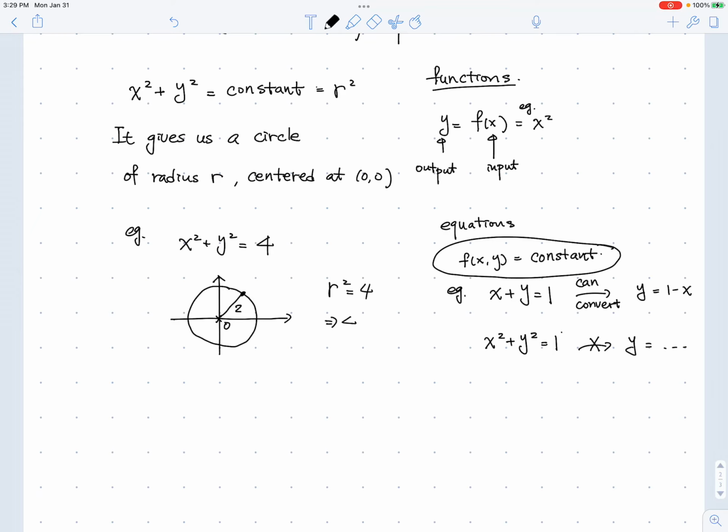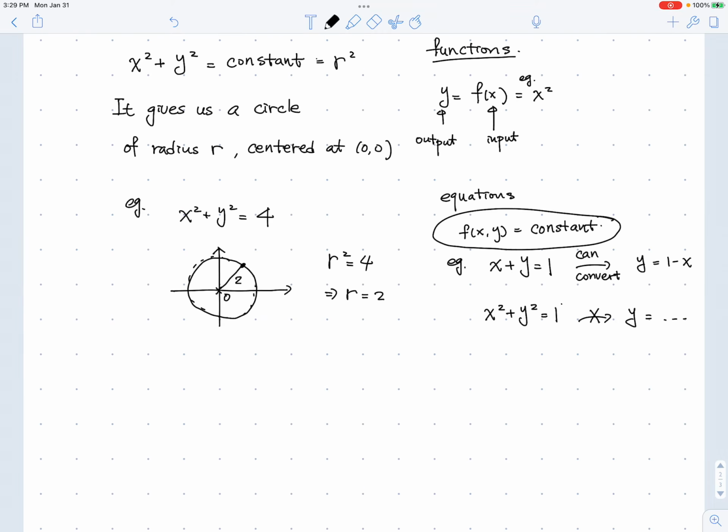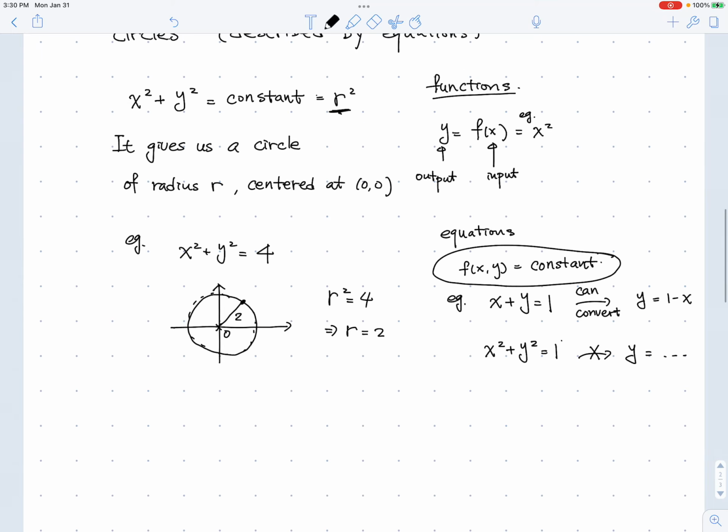And therefore you take the square root, you get the radius r equal to 2. So all points on this circle would satisfy the equation x squared plus y squared equal to 4. That's why we use r squared versus c or a or something else. So r is for radius.